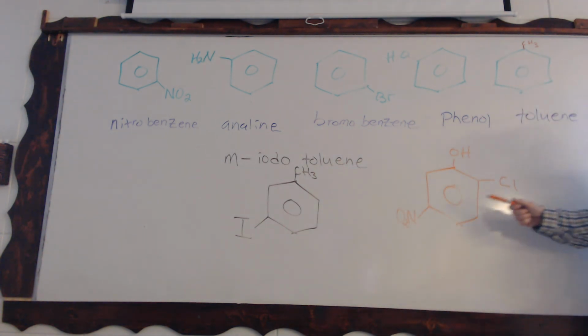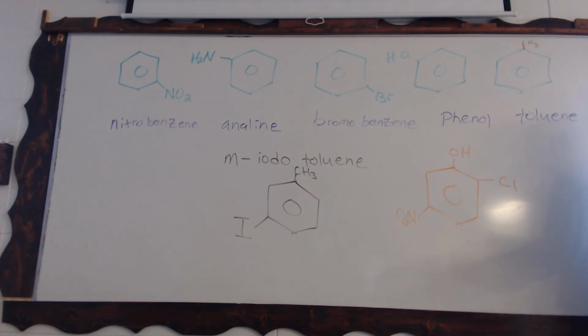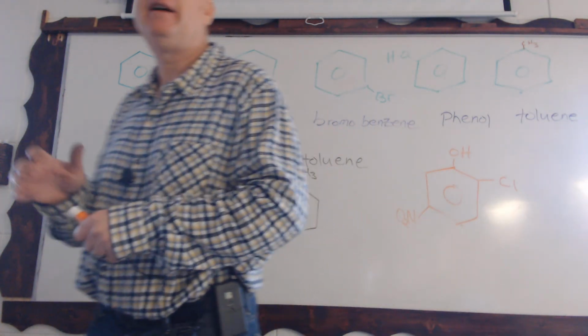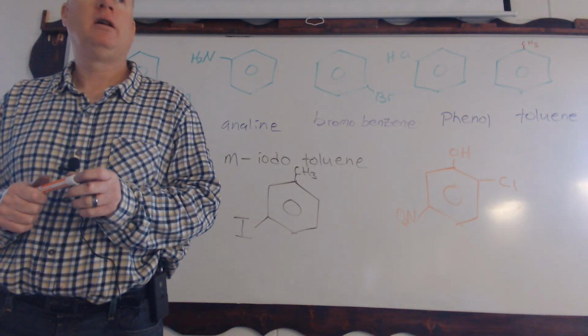This one's got 2 on there, so you couldn't say, well, the C comes before the N, and we're going to call that orthochloro-3-nitrophenol. That's not going to cut it, no. You can still call this a phenol, we just have to put them in alphabetical order. All right, and we'll start with that on Monday.